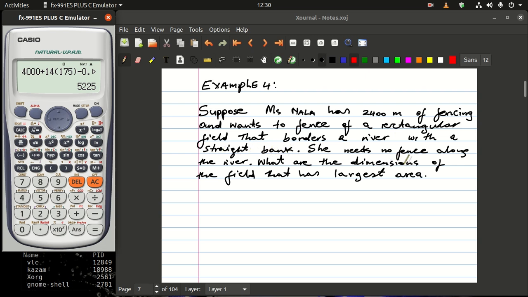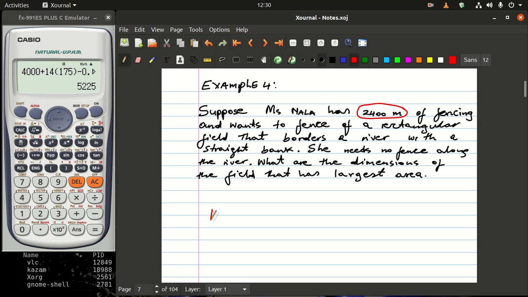She needs no fence along the river. What are the dimensions of the field that has the largest area? Let's start by talking about this 2,400 meters of fencing.